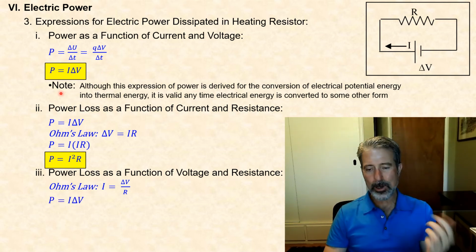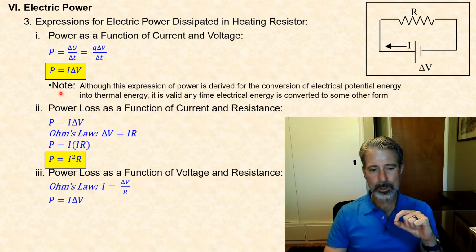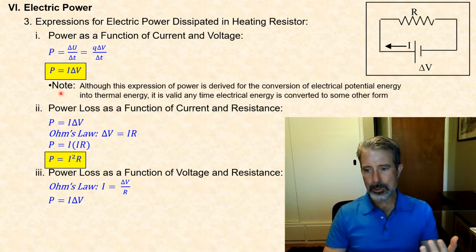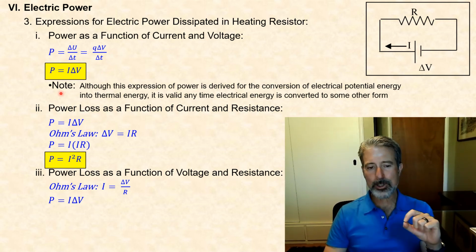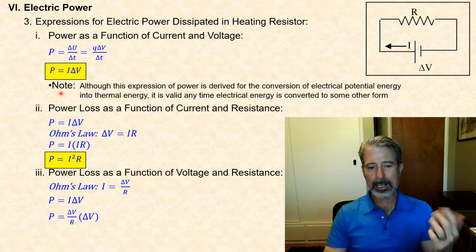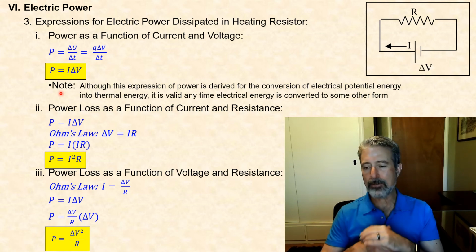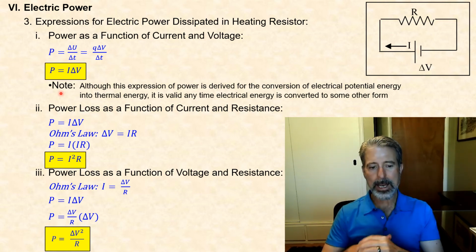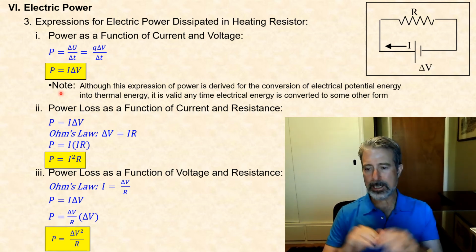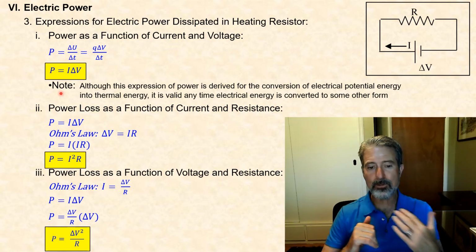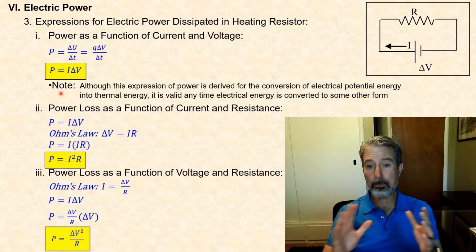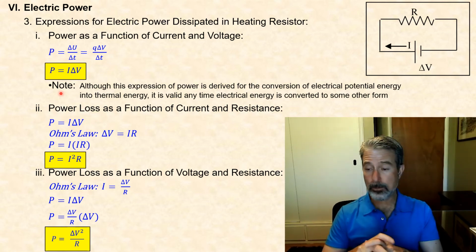So starting with our expression power equals current times voltage, let's now make this substitution for current, getting rid of current, and we see that we have power measured as the square of potential difference divided by resistance. So really three expressions for electric power.